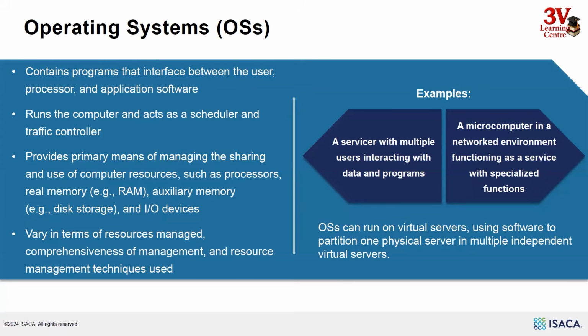And that's why this slide tells you that your OS actually serves as a traffic controller. It determines what goes now, what goes next. It provides the primary means of managing and sharing the use of computer resources. When it comes to your processors, what is being processed now?